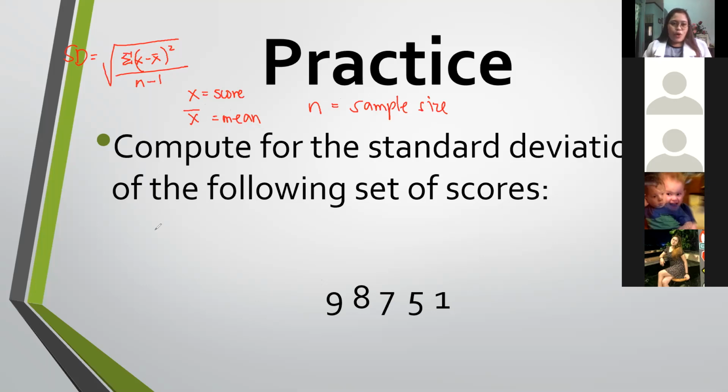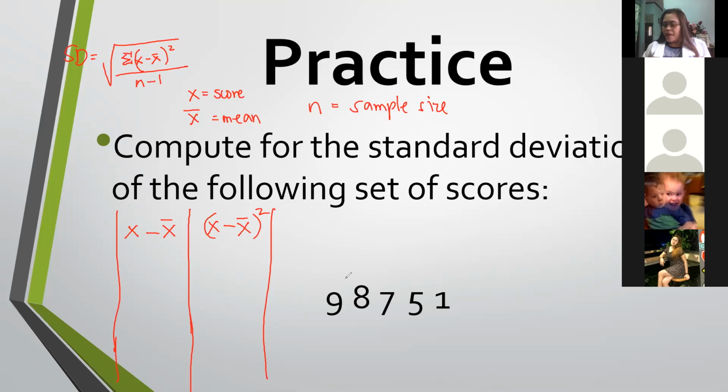When I compute the standard deviation manually, I make a table. The first column is x minus the mean, and then x minus the mean squared. But class, before you can proceed, you need to get the mean. How do we get the mean? You add everything and divide by the number of scores.